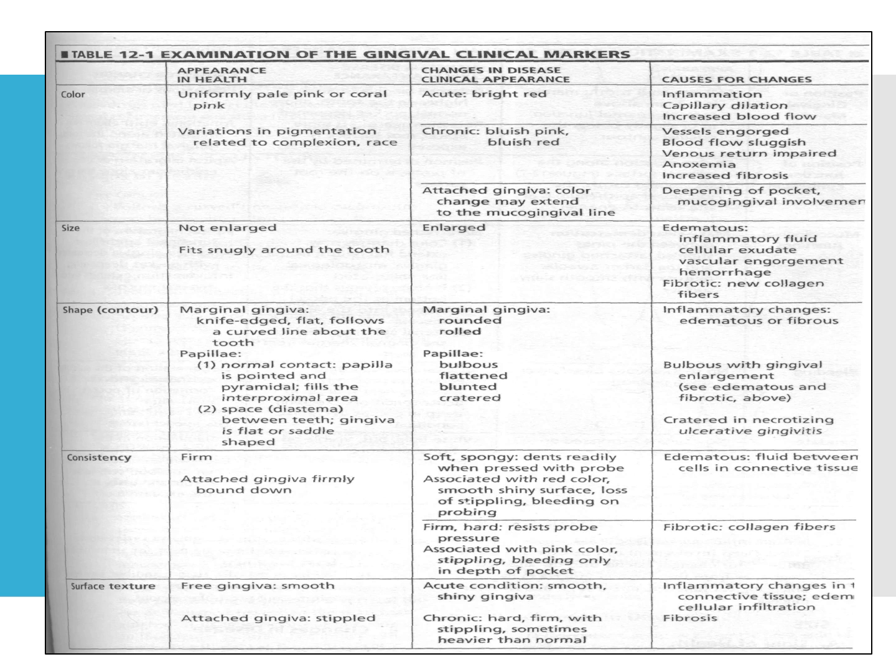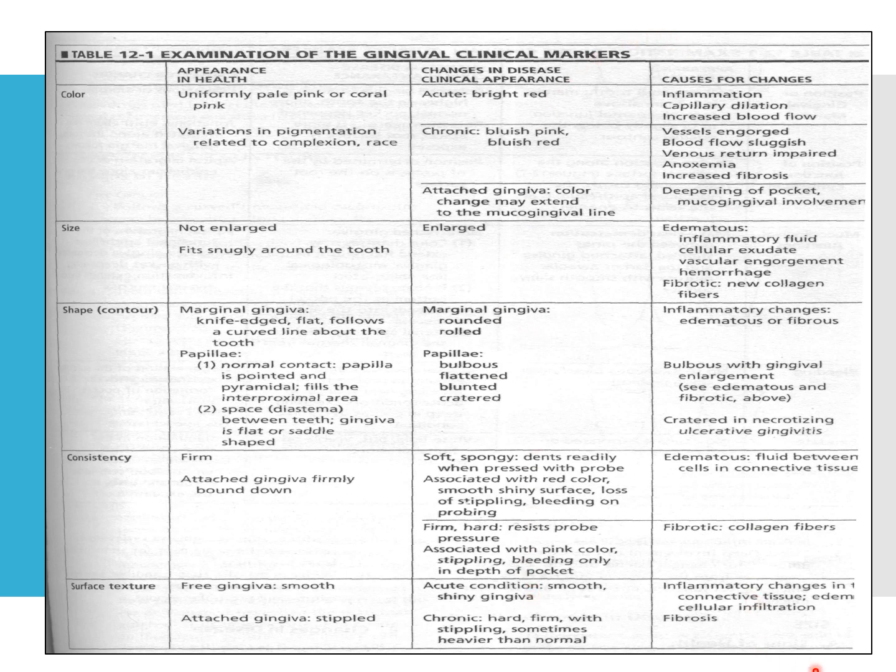So coming to the summary, we are correlating the clinical features and the histological features. You can see this tabular column where we have defined the appearance in health in terms of color, size, shape, consistency, and surface texture, what changes you can see clinically, and what the causes for the changes are.